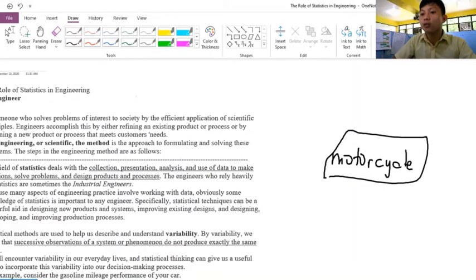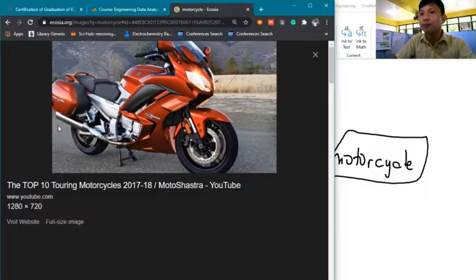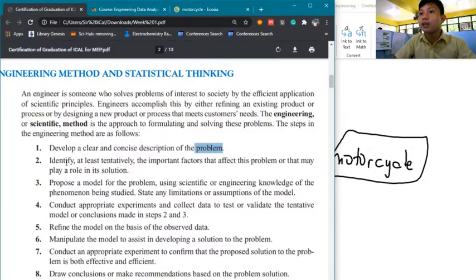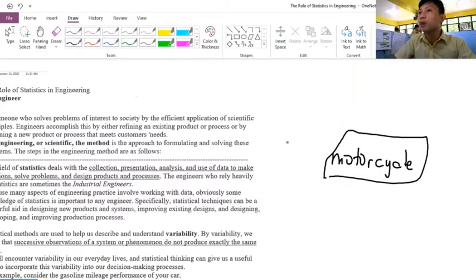So, sabi dito, identify at least tentatively the important factors that affect this problem or may play a role in this solution. For example, ang problem natin is mabagal yung motorcycle natin.